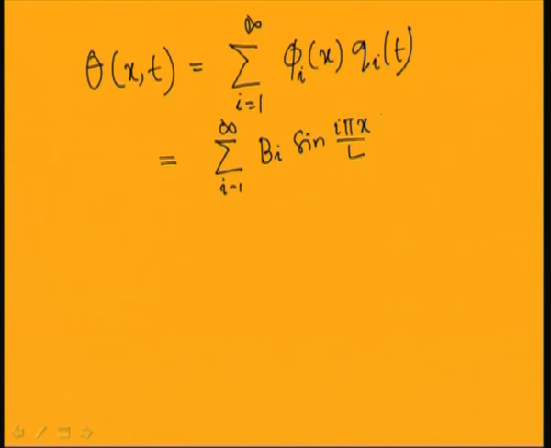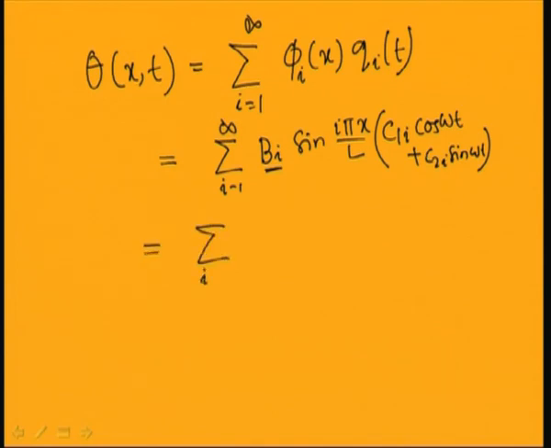And for q i of t, this will be a function of sine and cosine terms. So, I can write this as C1 i cos omega t plus C2 i sin omega t. Now you observe that this constant can be multiplied with these two constants, and this equation can be reduced and written in this form.